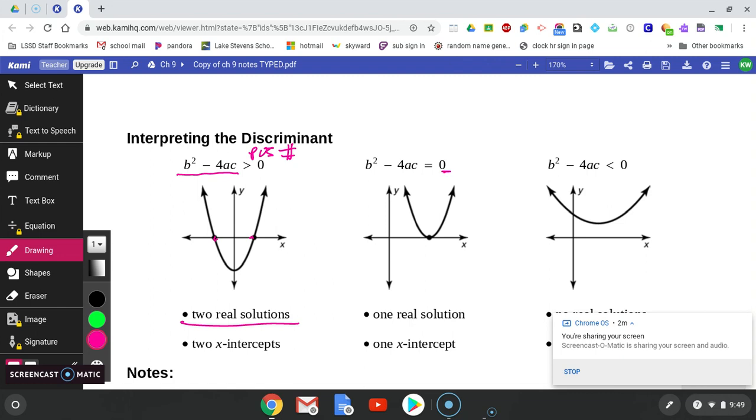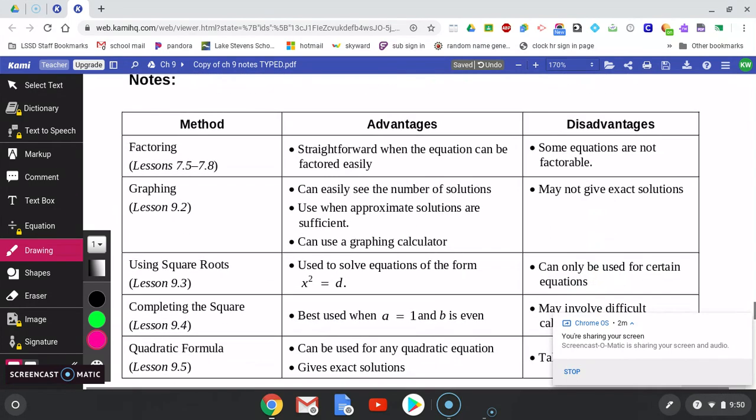If it's equal to 0, then that means there's only going to be one solution. It means it only crosses in one spot. And if you get a negative number, when it's less than 0, that means it's going to be one where it never crosses your x-axis at all. So if all we want to know is how many solutions there are, you just need to use the discriminant. If I want to know what those solutions actually are, so what the numbers are, not just how many there are, then I would use the entire quadratic formula.